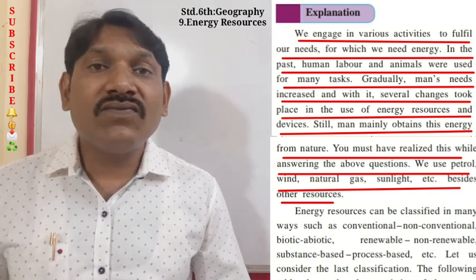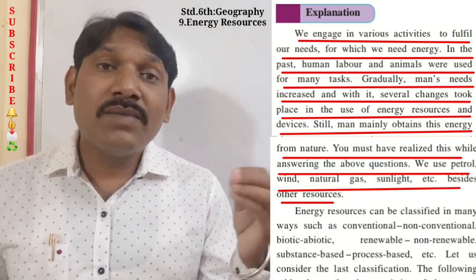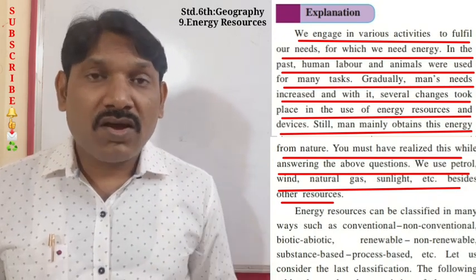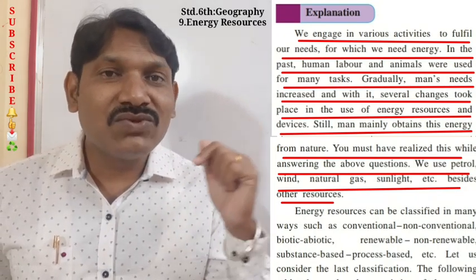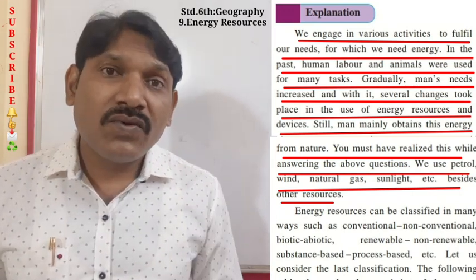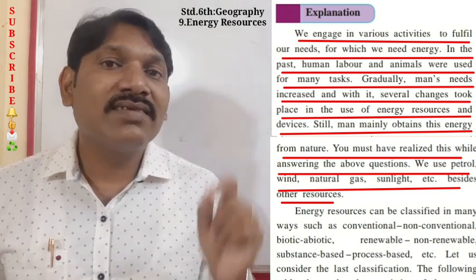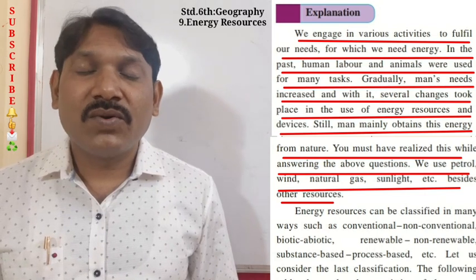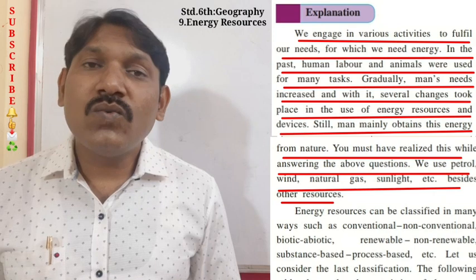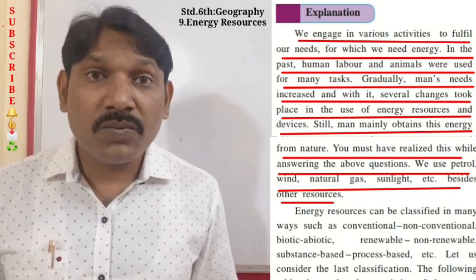The needs of man also change, and according to the changes, man is now using labor, energy, as well as energy resources. According to the nature of need, man used various devices of energy. Nowadays also we are using energy resources, but according to our need now.